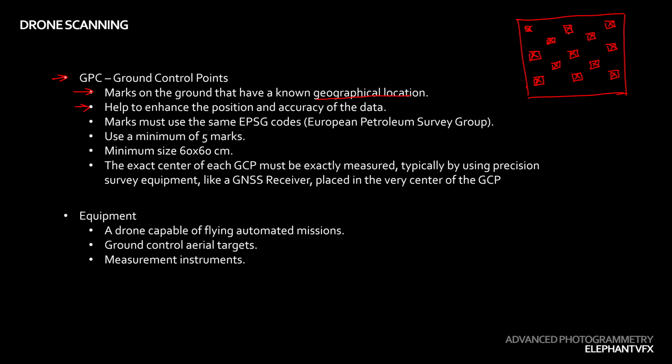If you have the GPS coordinates of multiple points in the location where you're scanning, then you can use all of that to create something that is way more accurate. These marks on the ground must use the same EPSG code. That stands for European Petroleum Survey Group. And as far as I understood, even if this has a European word before, this is used worldwide, right?